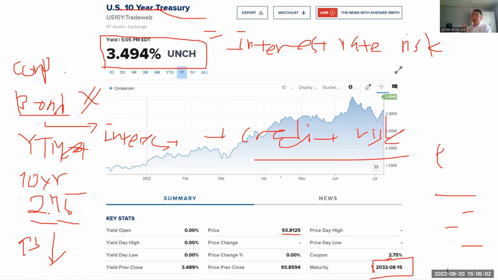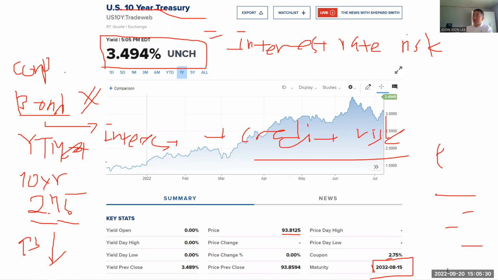But when you make a valuation of bonds other than the treasury bond, the price of the bond would definitely be affected by the market interest rate, but also other risks.